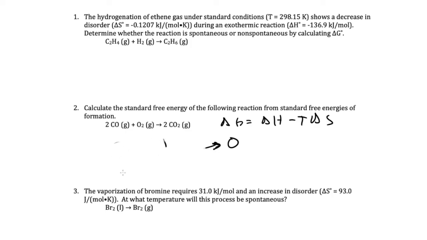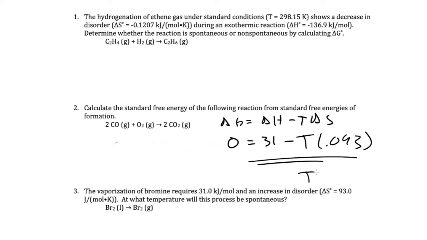So delta H is going to be 31, and then minus temperature. Temperature we don't know, so I'll put T there, and delta S is going to be 0.093. If you solve this, I think the temperature is going to be like 333. If the temperature is 333, that's right at the point where you're at equilibrium.